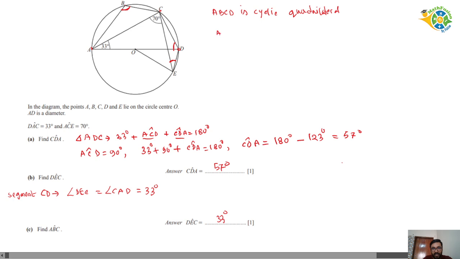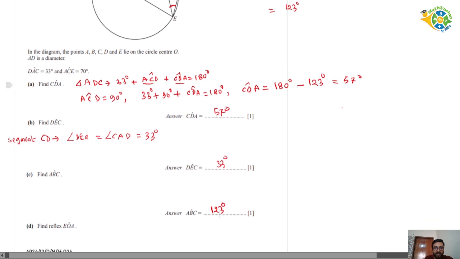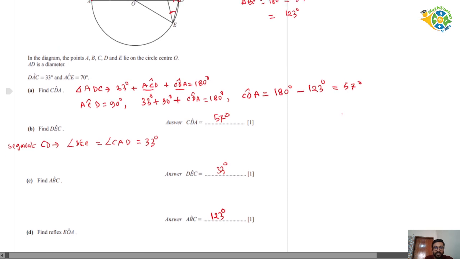So ABC plus ADC equals 180 degrees. So ABC will be 180 minus 57 degrees, and this becomes 123 degrees. The answer is ABC equals 123 degrees.